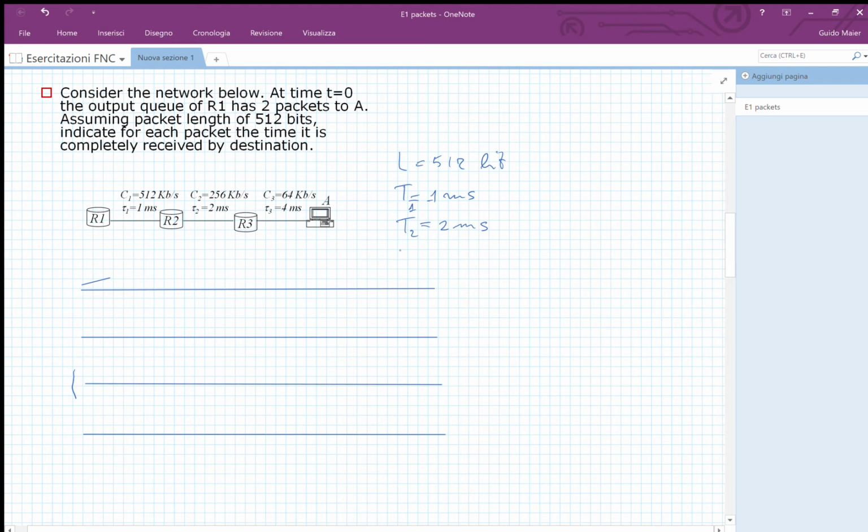Here T3, C3 is 64 kilobit per second, which is one-fourth of C2. So the transmission time T3 will be 4 times the transmission time in the second link. So it will be 8 milliseconds.